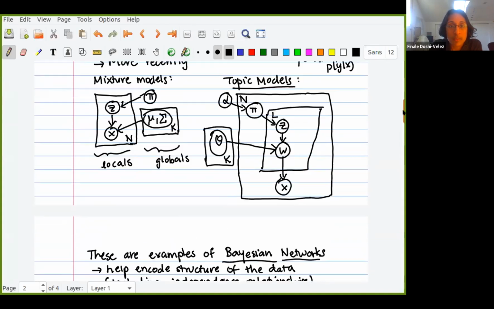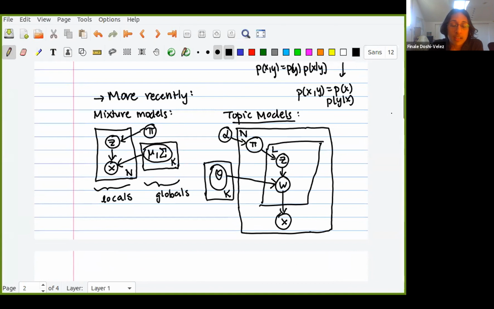Actually, let me scroll up so we can see a bit of that. So over here, one thing we can see, and I'm going to say this informally now, we'll make it more formal later, is that if I know the Z, just visually from this graph, I've separated pi from mu and sigma.